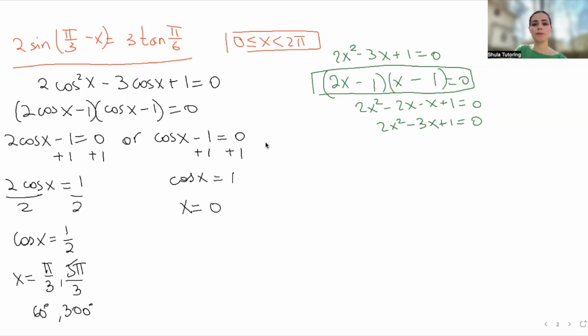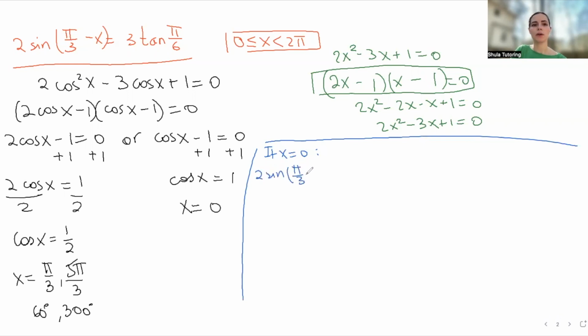So let's first check for 0, right? If x is equal to 0, then what? Well, 2 sine pi over 3 minus 0 is equal to, well, we know that this whole value is square root of 3, right? We solved for that already. So 2 sine pi over 3 is equal to square root of 3.